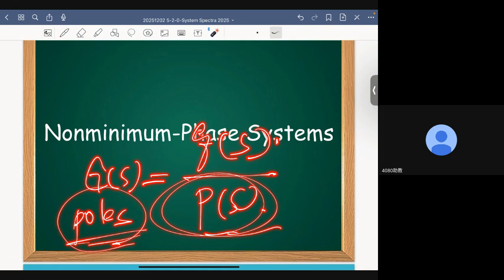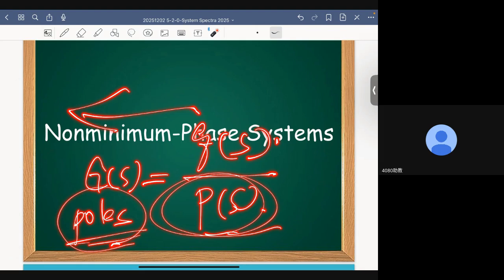And we can go even one step further. If you move the pole leftward, deeper into the left-hand side of the s-plane, then the speed of response of the system will become faster.